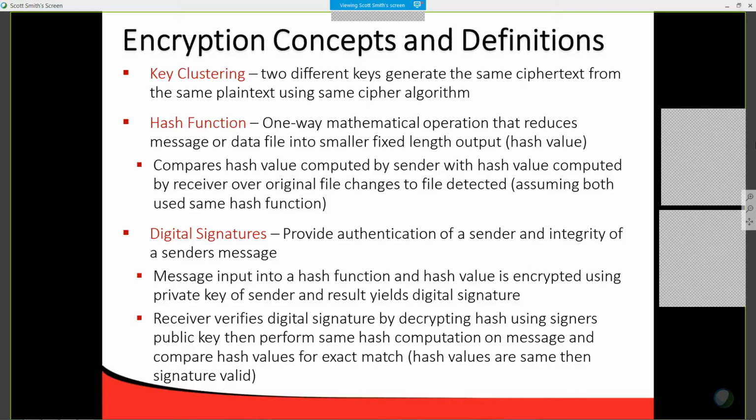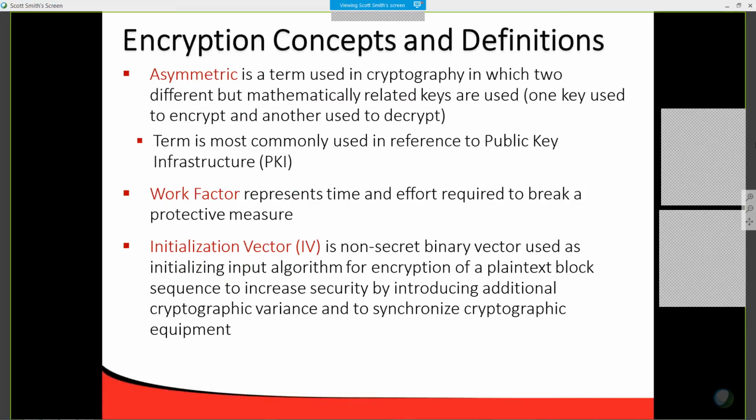Hash function. We talked about hashing. I'm not going to actually do anything on this slide because we talked about this stuff. We don't care about digital certificates yet. Here's a good term to know. Work factor. The whole goal of any cryptographic system is to make the work factor so great that breaking into that cryptographic system is not worth it.